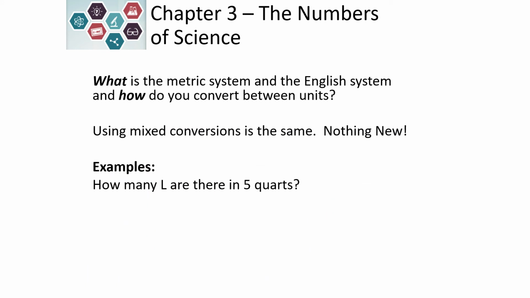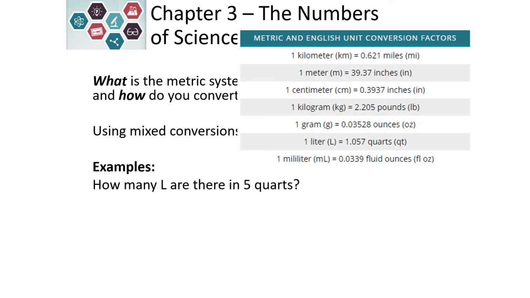We do the conversions the same way that we've done before. There's nothing new. We're just using different conversion factors. We're not dealing with powers of 10 anymore, but we still want our units to cancel. So if we want to find how many liters are in 5 quarts, we start with our 5 quarts. We find our conversion factor on the table.